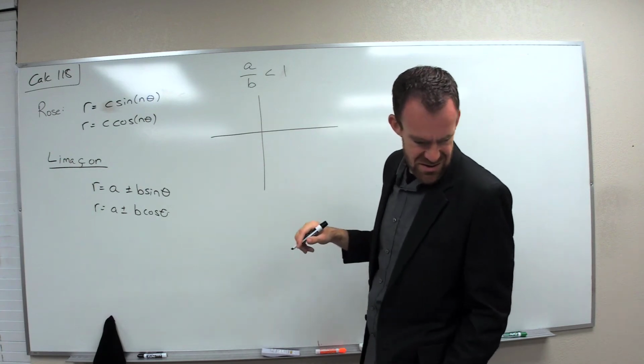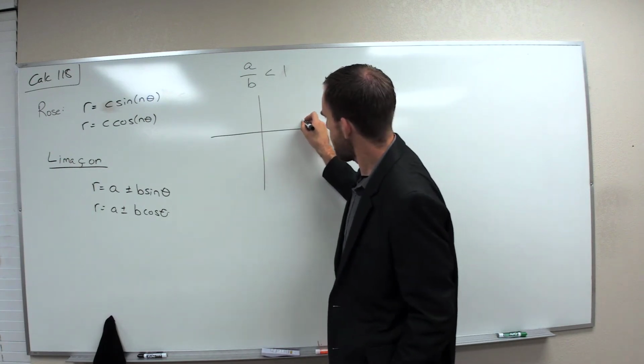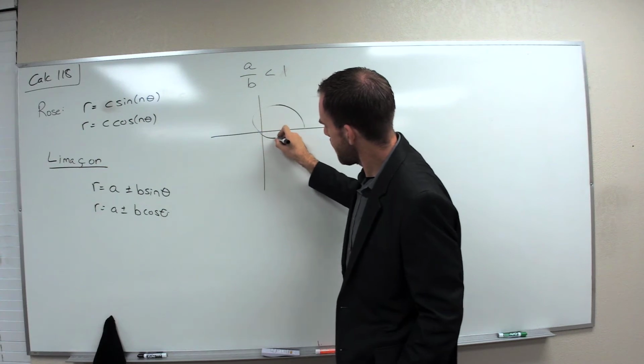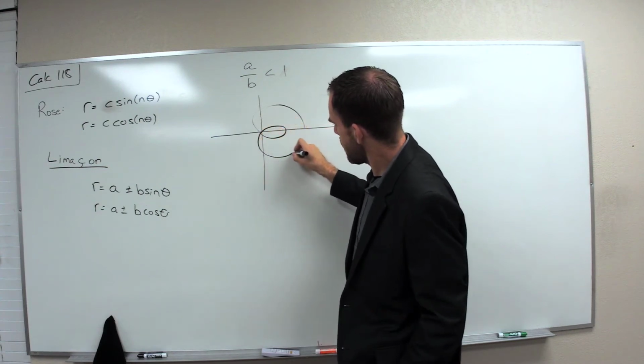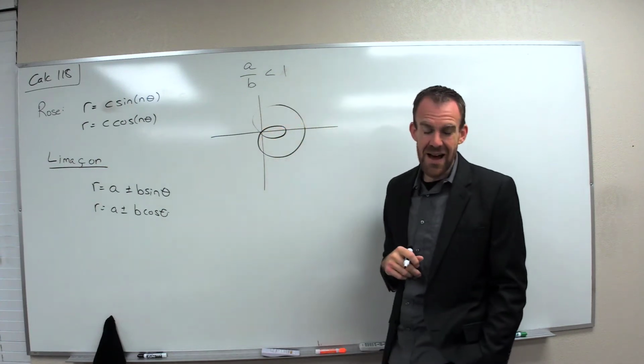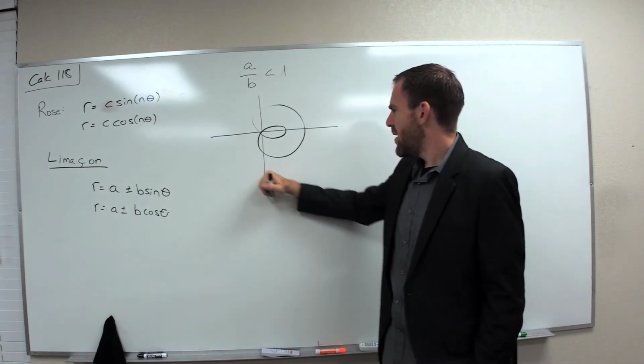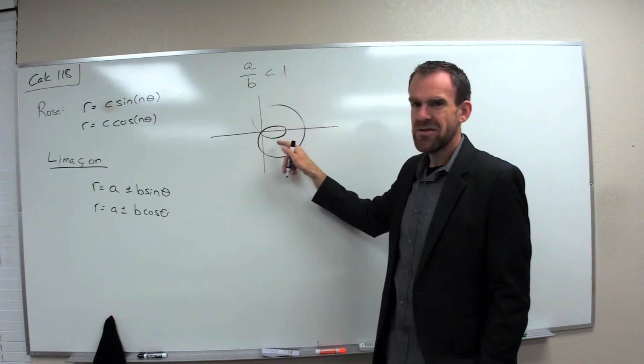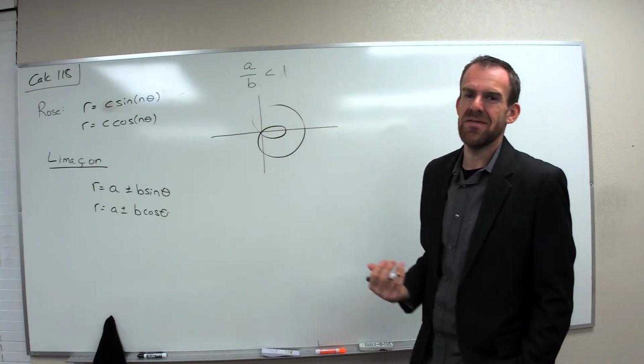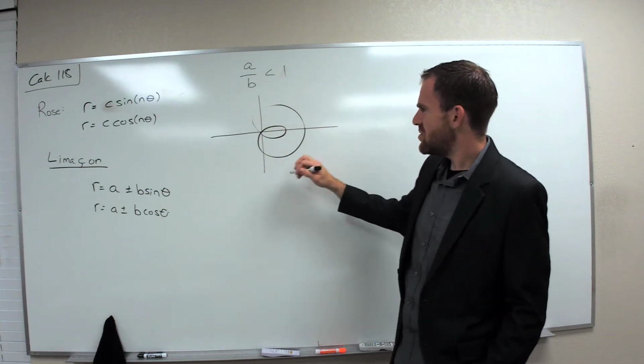Let's see if I can do it justice today. Might be a little exaggerated. Your book has a great picture on page 604. And then obviously after every 360, it just repeats itself again. So no need to draw that.